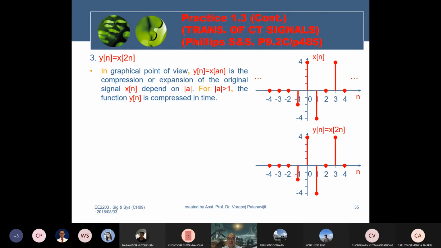For absolute a greater than 1, the function yn is compressed in time. You discard half of the data first, the data not located at the even index, and after you discard them, you compress them.